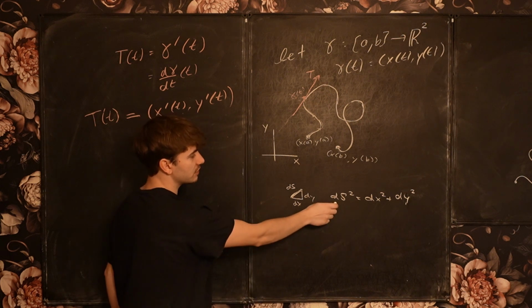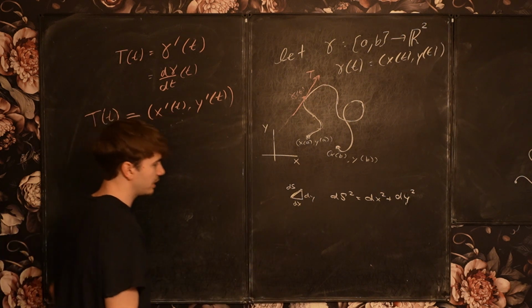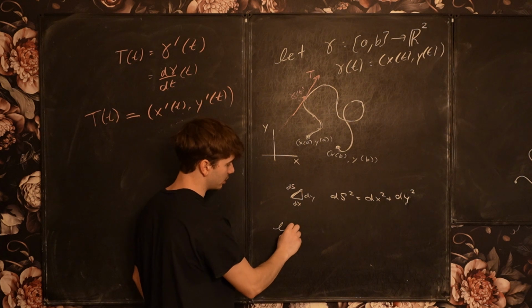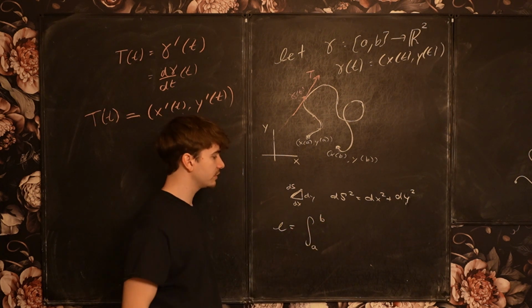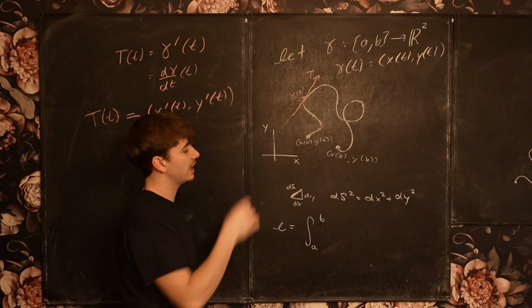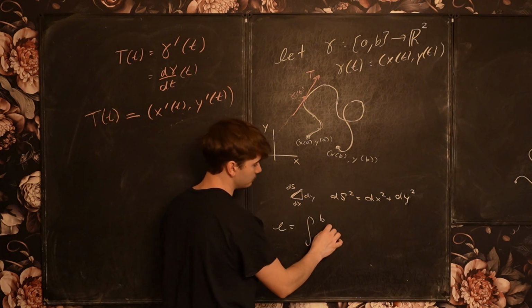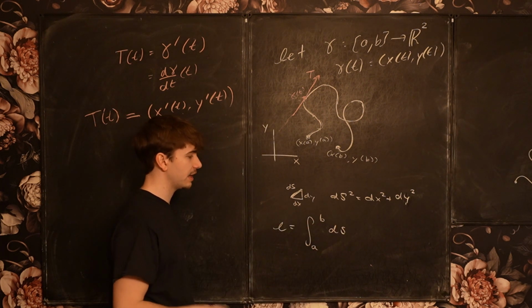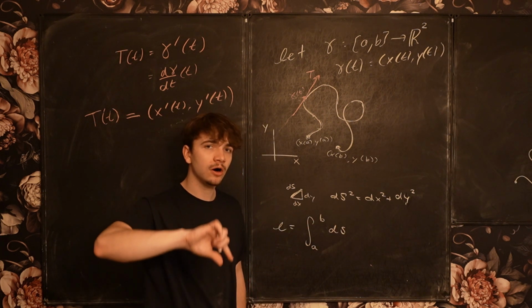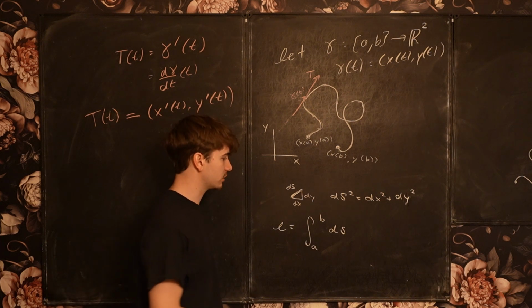Well, okay, so using this formula for the differential arc length, we can calculate the total arc length of a curve. The total arc length of the curve is just the integral over the complete time interval AB of ds, the differential of the arc length. So we're basically using the integral to add up all the differential arc lengths to get the total arc length.